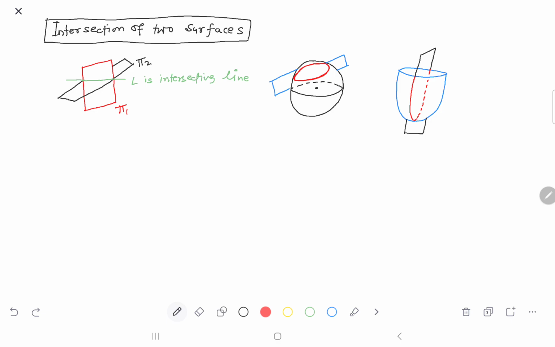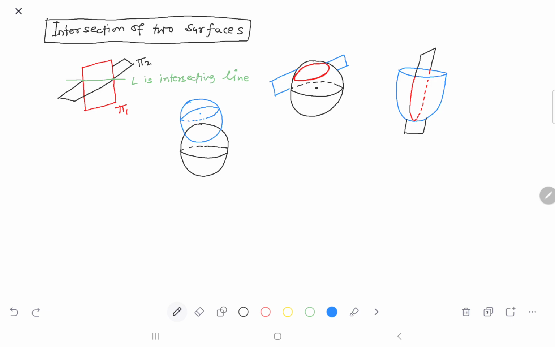So if we take two surfaces, someone can ask: let's say you have a sphere here, and let's say here one more sphere. This looks a little bit complicated, right?